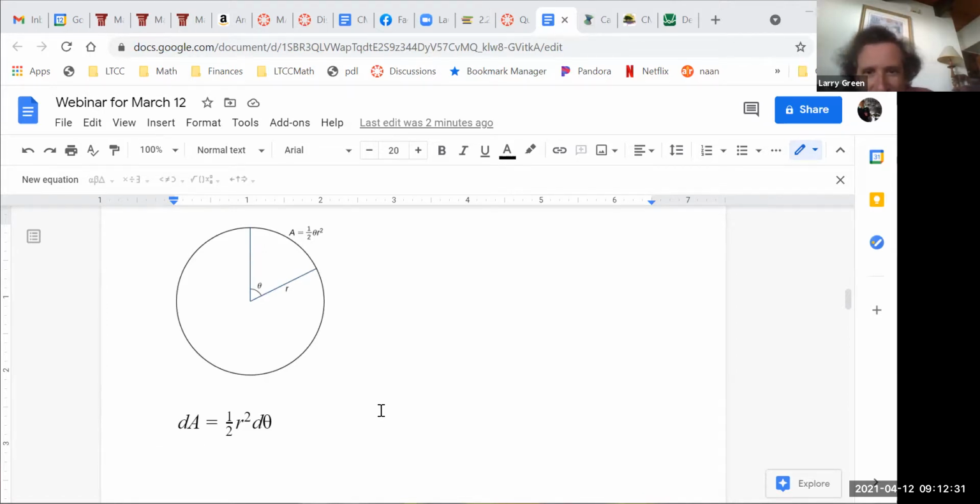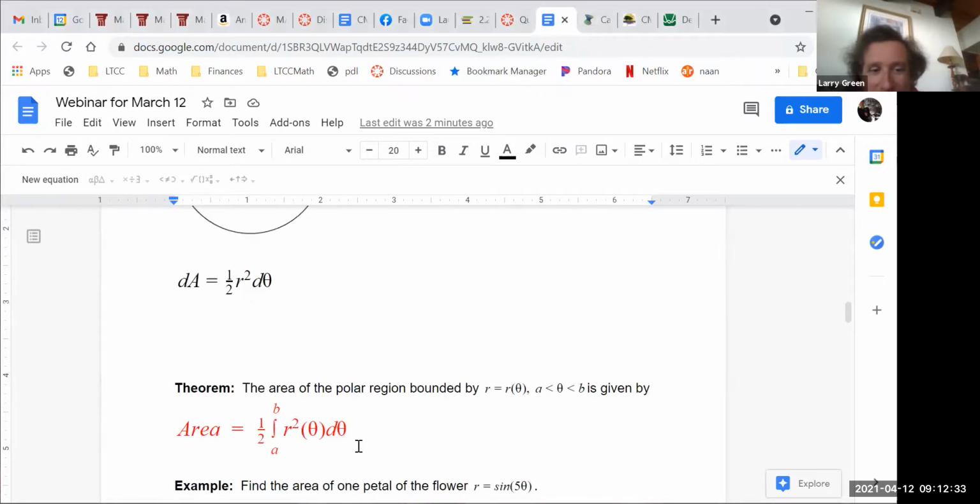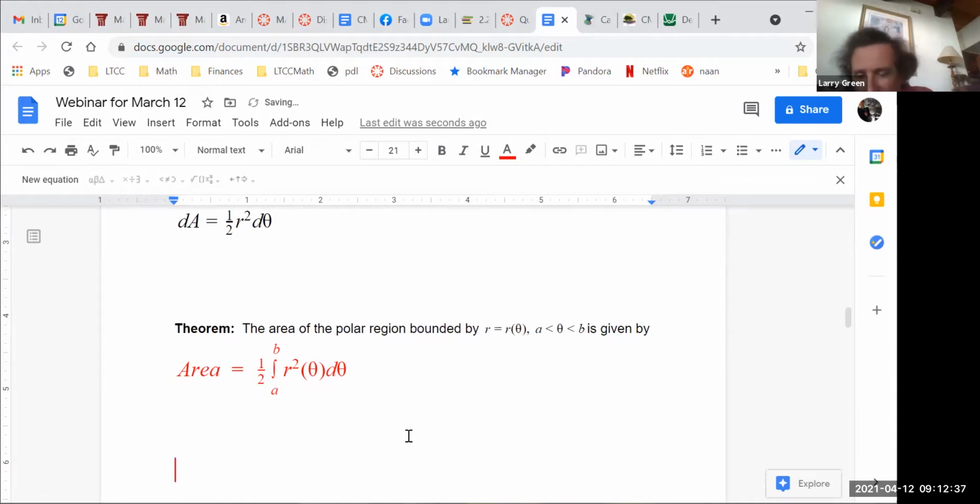A. So what we could say, this is the big theorem, and I just proved it. And that is the area of the polar region bounded by r equals r of theta for theta between a and b, lowercase a and lowercase b, by the way, is given by area equals 1/2 the integral from a to b of r squared of theta d theta.